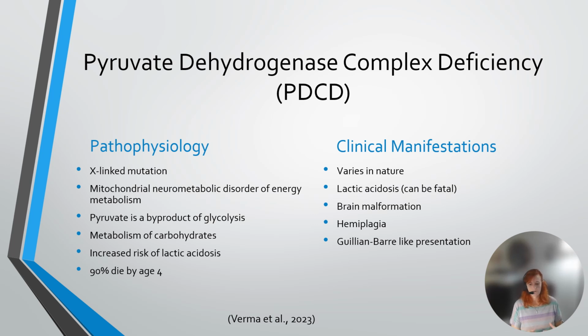Carbs, proteins, and fats are vital for building life, so we need them and a lot of nutrients. So just some things to be thinking about as we're going through. Okay, so if they get so much lactic acidosis, again, it's toxic to the body and it can be fatal. With all this buildup, they can have brain malformation, hemiplegia, and they may appear with a Guillain-Barré-like presentation. So these are just some of the things that we need to be looking at.